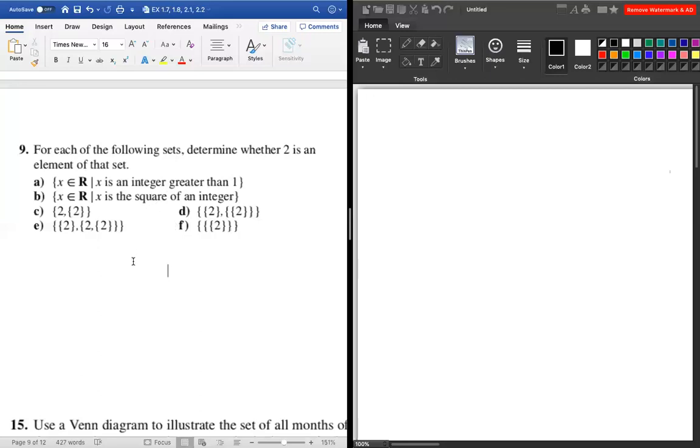Let's take part A: x is an integer greater than 1. Since 2 is greater than 1, 2 is a member of this set, so it's true, or you can say yes.